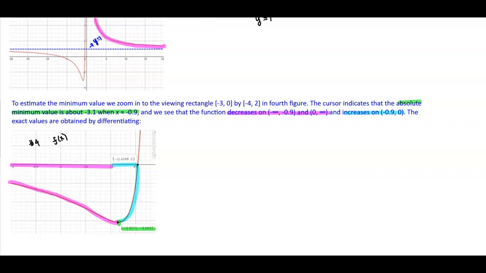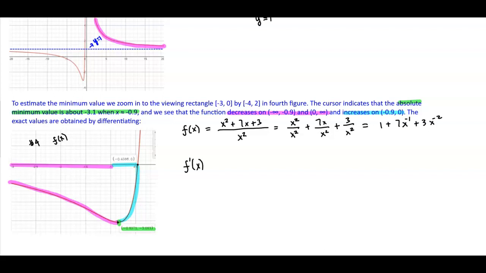So if we want to differentiate the function, we know that f of x is equal to x squared plus 7x plus 3 over x squared, which is the same thing as x squared over x squared plus 7x over x squared plus 3 over x squared, which is the same thing as 1 plus 7x to the -1 plus 3x to the -2. So let's go ahead and find the first derivative.